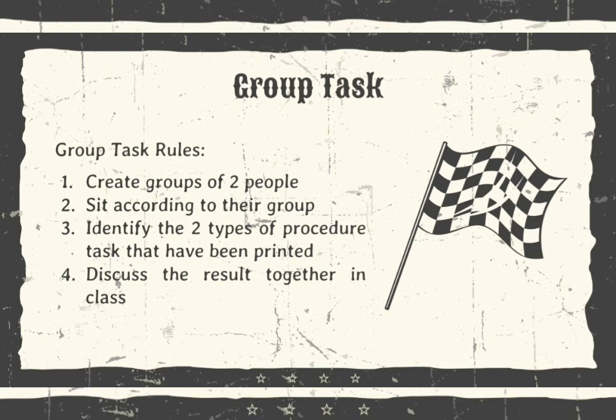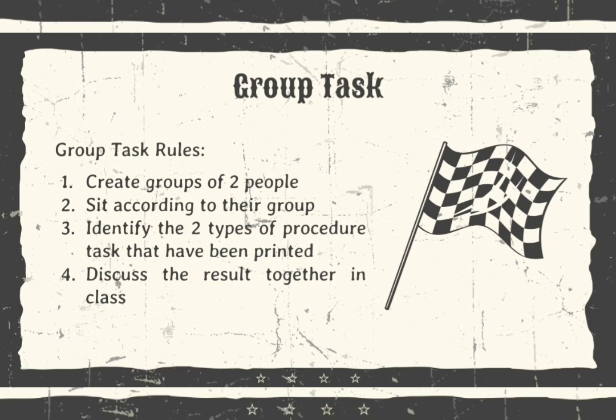A group task. The group task rules: the first one is create groups of 2 people, and the second one is sit according to the group. So you have to choose one of your friends as your pair, so you work together in doing this task. You have to identify the 2 types of procedure text that will be shown in the PPT right after this.